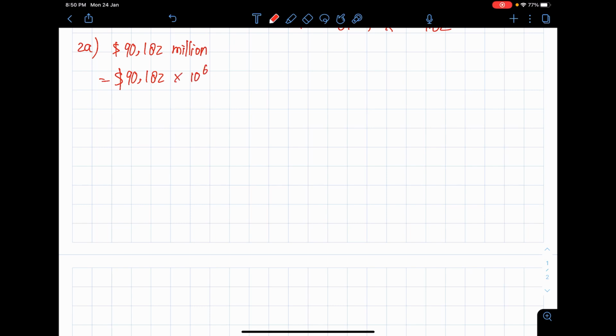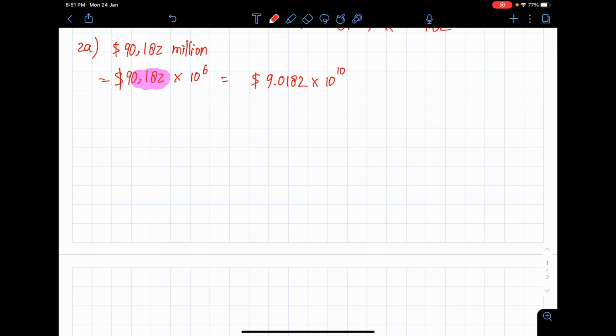Then making it into standard form. Therefore, I need to make it into 9.018 and 2. Well, that means you are actually taking off 4 digits from the 90,000s. Therefore you're going to increase the power of 10 by 4, so you're going to get 10 to the power of 10.